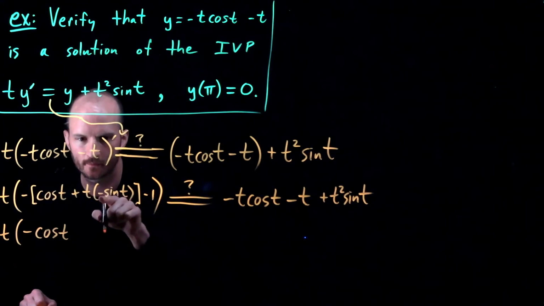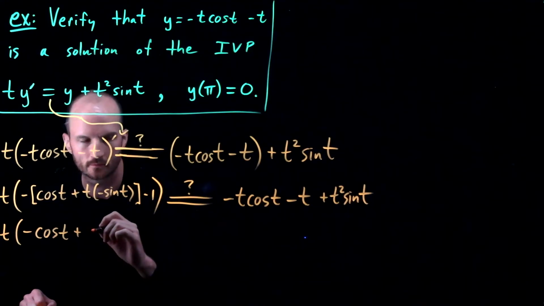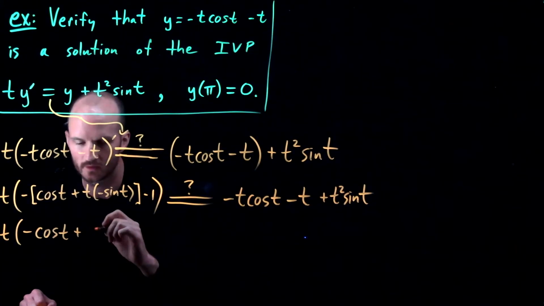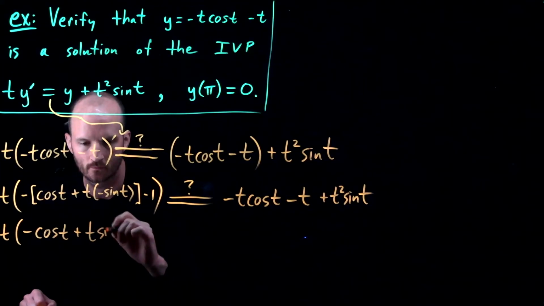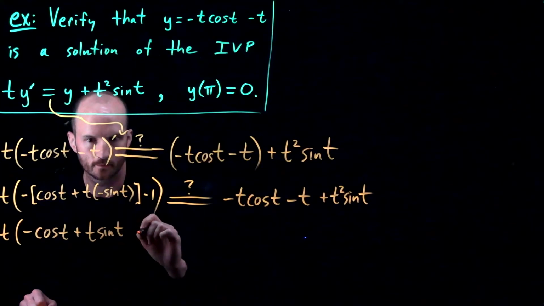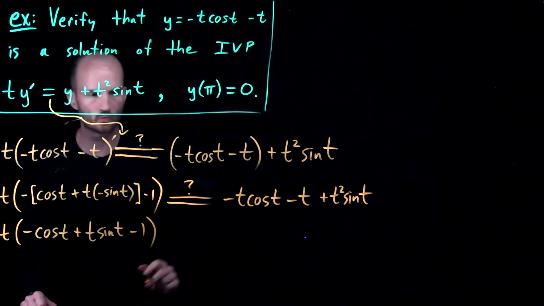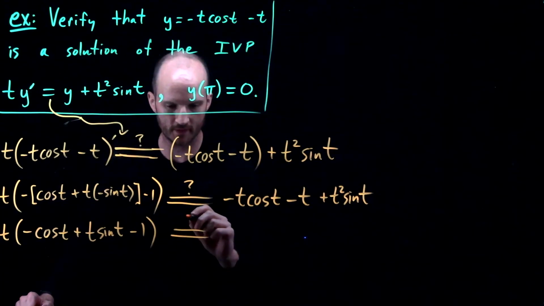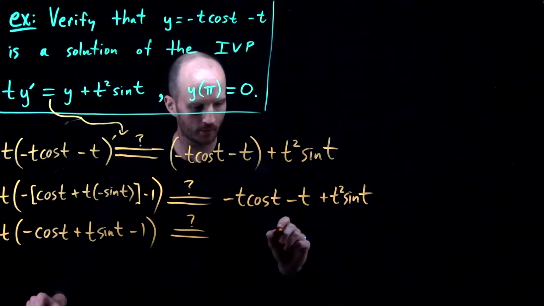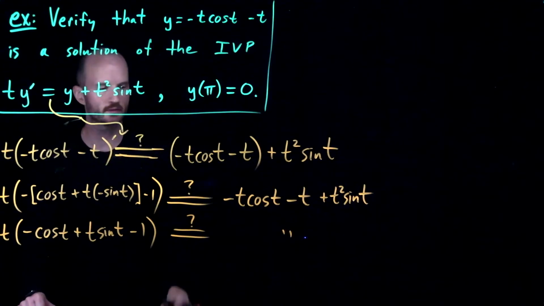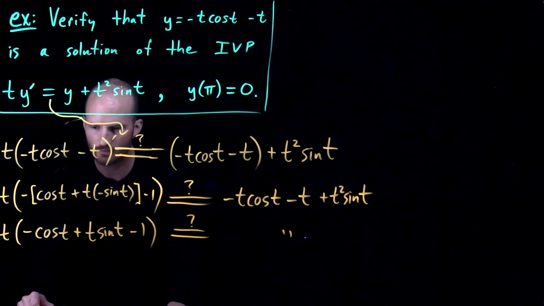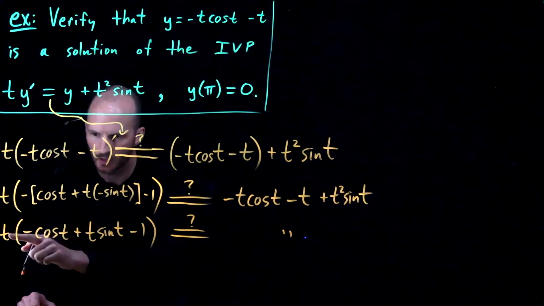So minus plus t sine t minus 1. So does that equal all this stuff? We'll just put ditto marks to indicate that there's no change. Multiply the t through.